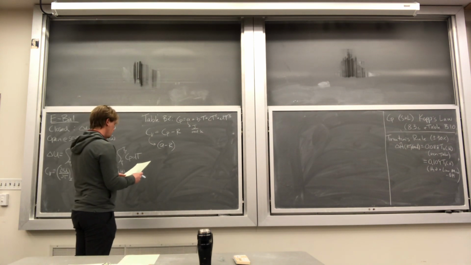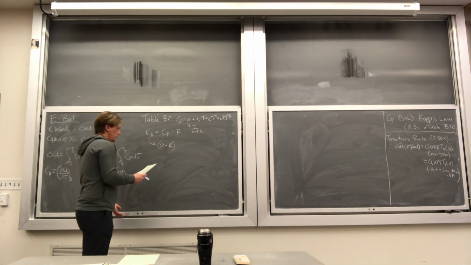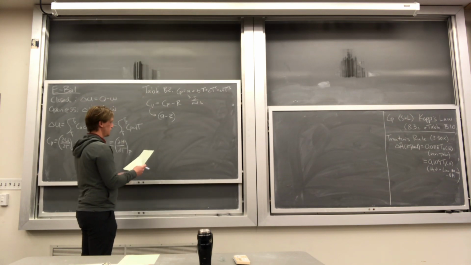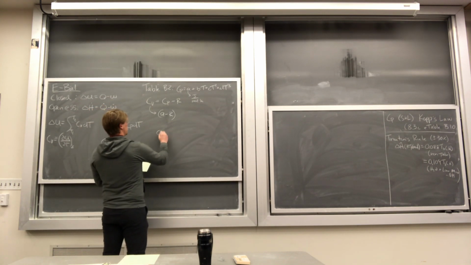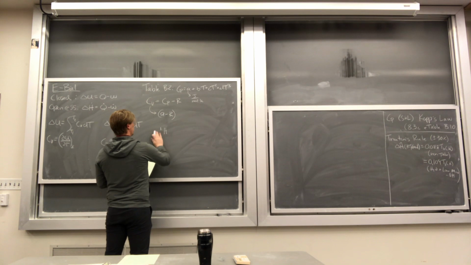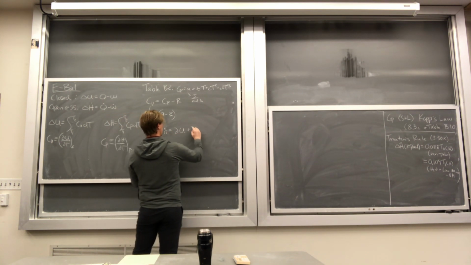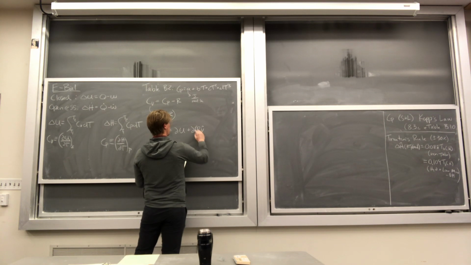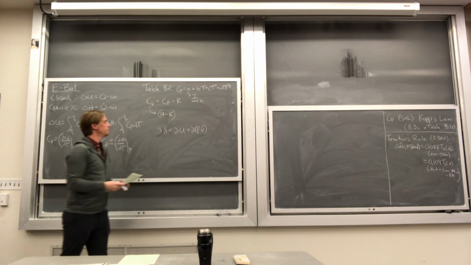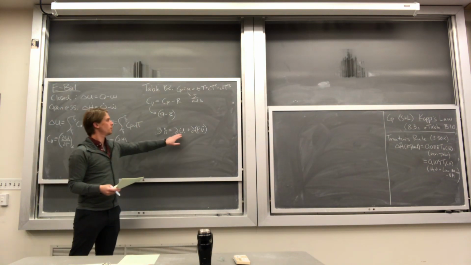This comes from dH equals the change in dU plus the change in PV, right? So H is equal to U plus PV.